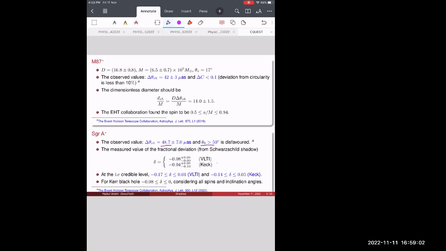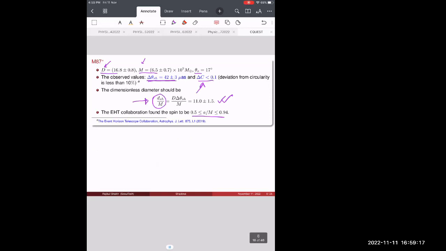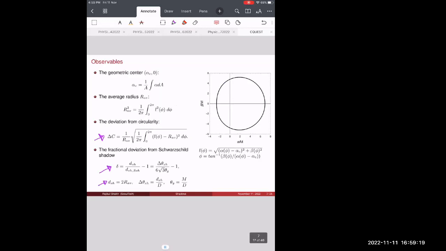And for Sagittarius A*, they observed the value of the fractional deviation parameter, which is this. Now, in order to find the observed value of the fractional deviation parameter, we need the angular diameter of the shadow.